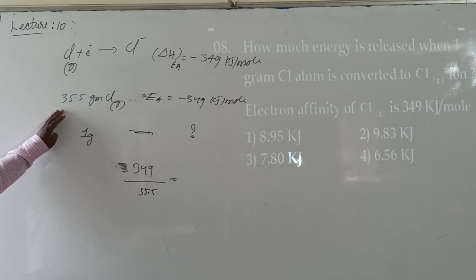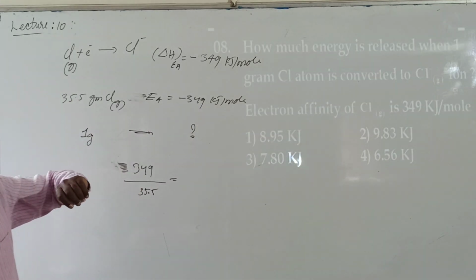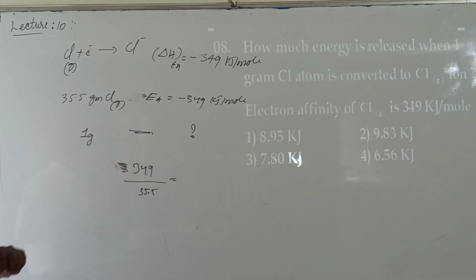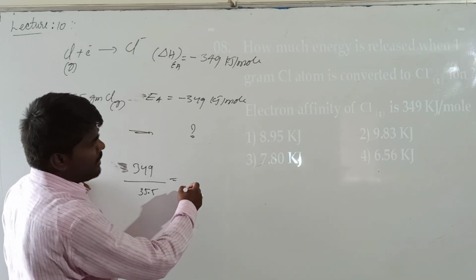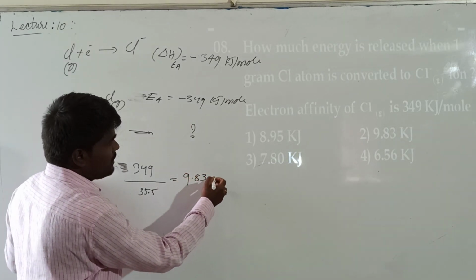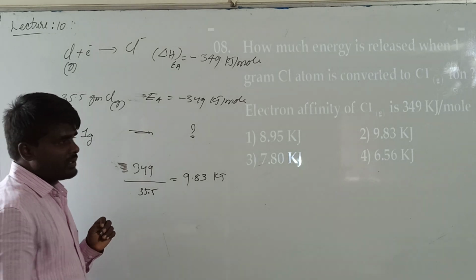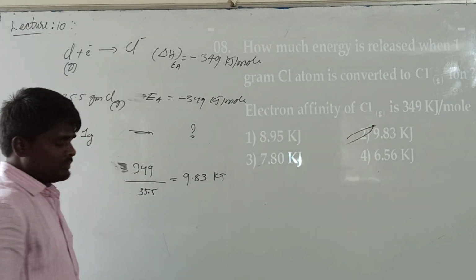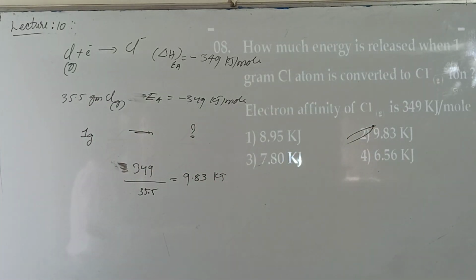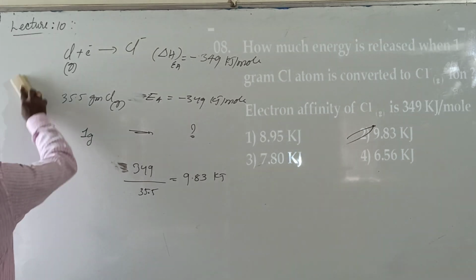If 35.5 grams requires 349, how much is required by 1 gram? This comes around 9.83 kilojoules. Right? This is your right answer. Is that clear?